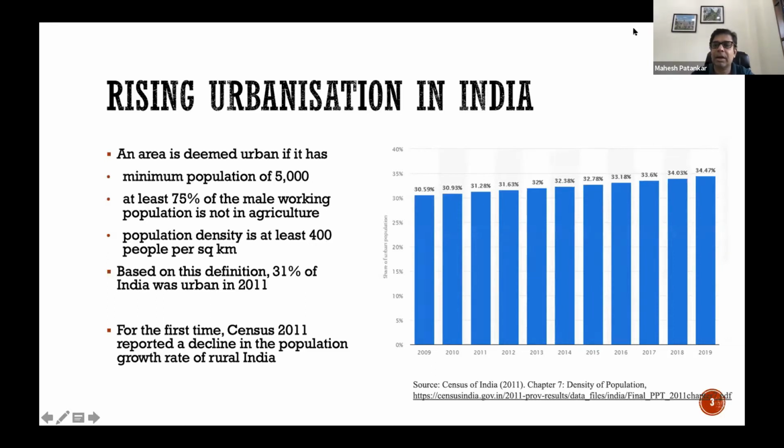Clearly, between 2009 and 2019, we are seeing a substantial increase in the urban population. We have close to 34, 35% or so of the population living in urban India. There are obviously different types of migration happening from rural to urban centers.